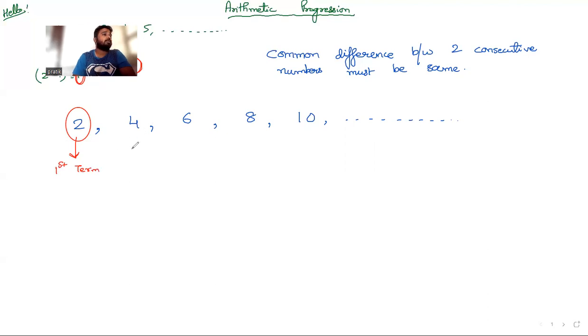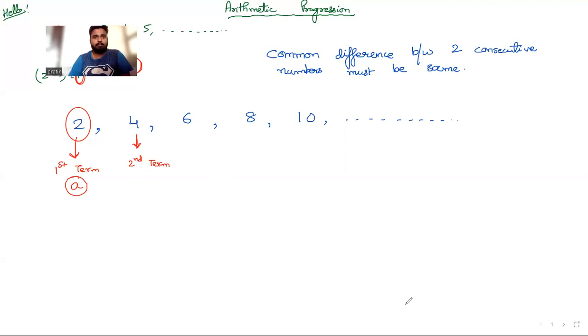The second number is called the second term. The first term is always denoted by A. We always prefer denoting it by A whenever we write a formula and the rest of the things. Similarly, this is the second term. This is the third term, and it goes on.